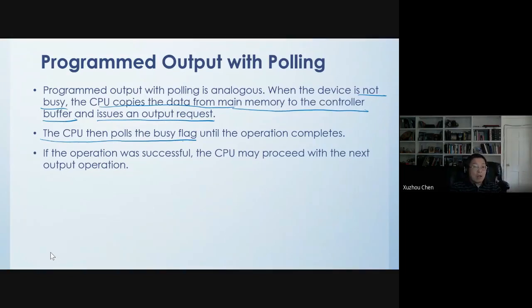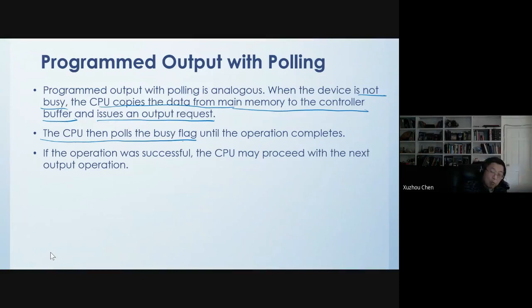The output with polling and the input with polling are opposite operations. Input is reading the data from the device to the buffer, and copying the data from the buffer to the memory. Output is you write the data from the memory into the buffer and tell the controller, I have data already written in the buffer, please copy this data into the device.